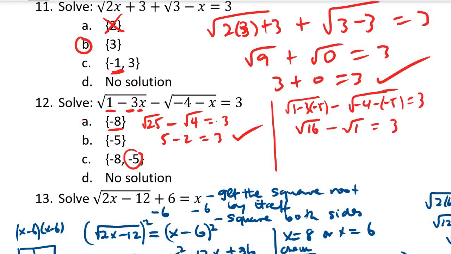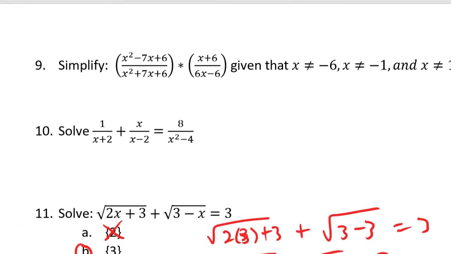Is that equal to 3? The square root of 16 is 4, minus 1 equals 3. Yes, it works. So both of them work. So we cannot select A, we have to select C, because both of them actually do work.